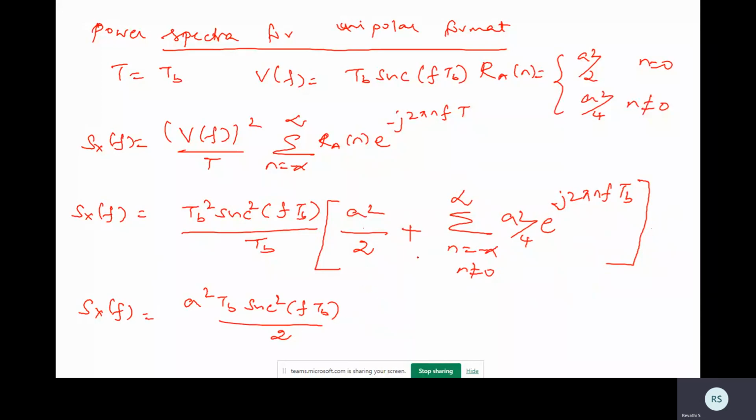Therefore, here you will get plus, you multiply this here, Tb sinc square f Tb into summation of n equal to minus infinity to plus infinity a square divided by 4, n is not equal to 0, right? e power minus j 2 pi n f Tb, and you have to subtract one more n, right?